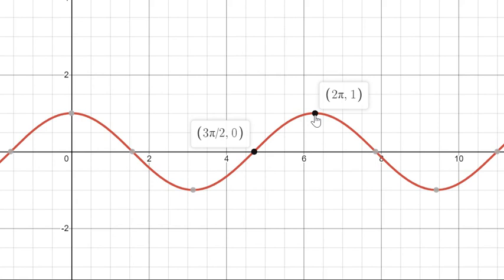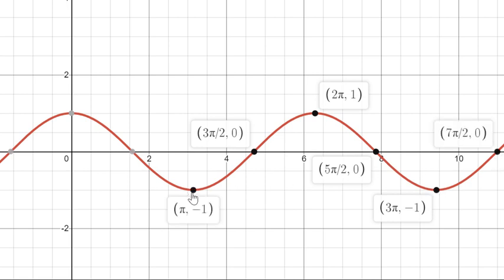Cos of 2 pi is 1. Cos of 5 pi by 2 is 0. Cos of 3 pi is -1. Cos of 7 pi by 2 is 0. So these are the values of your cos wave.